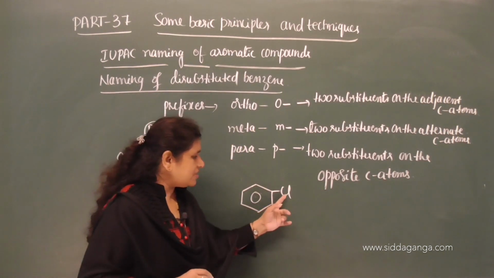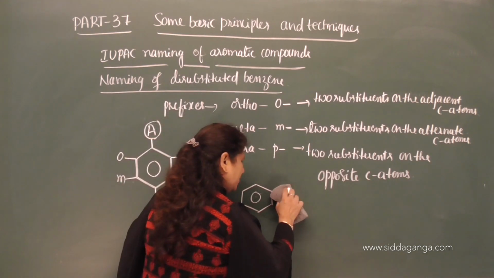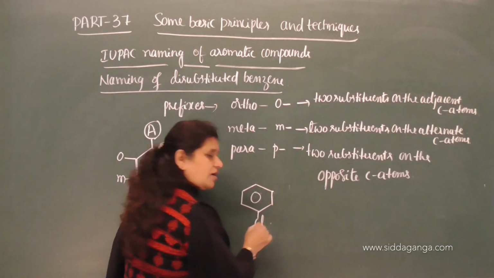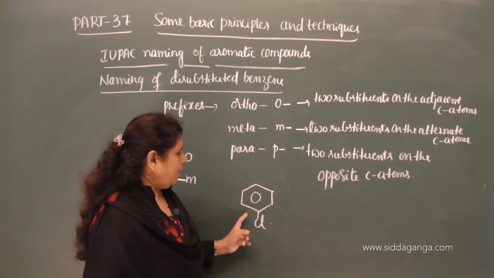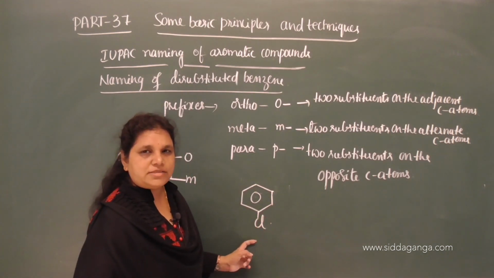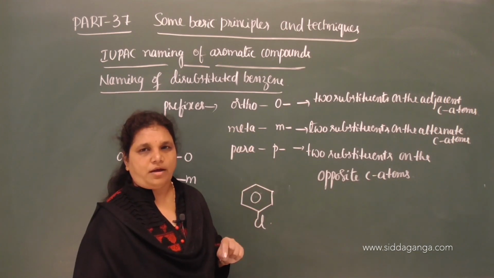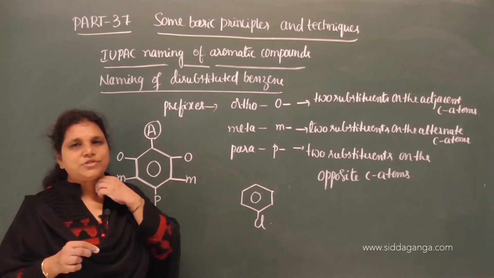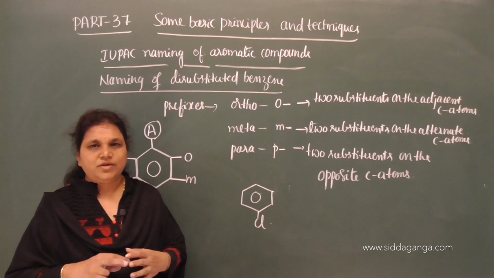Now, this is also chlorobenzene. Now, what about this compound? This is also chlorobenzene, which means to say in mono-substituted benzene, we cannot give any position like ortho, meta, para. Mono-substituted benzene ige yavade position irodilla. That is ortho, meta, para anta use madala.